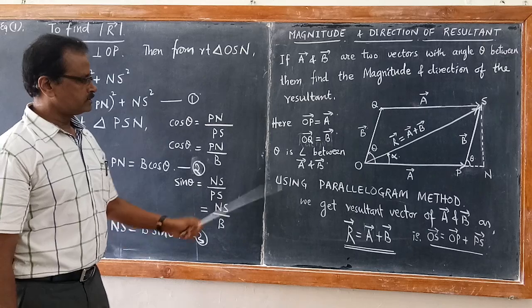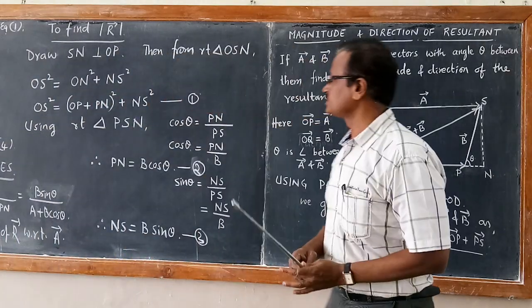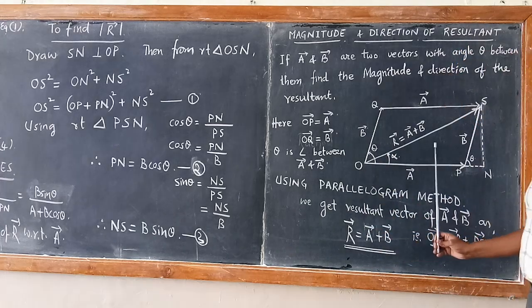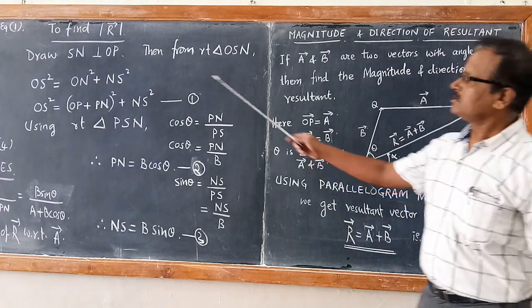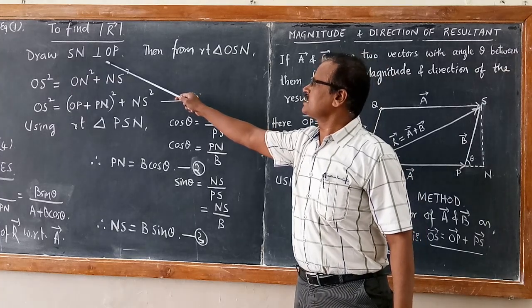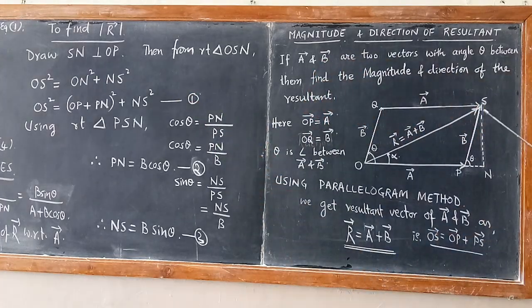Now this is the previous knowledge. How to find the magnitude of this R? Construct: draw SN perpendicular to OP extended. Then complete this right angle triangle.